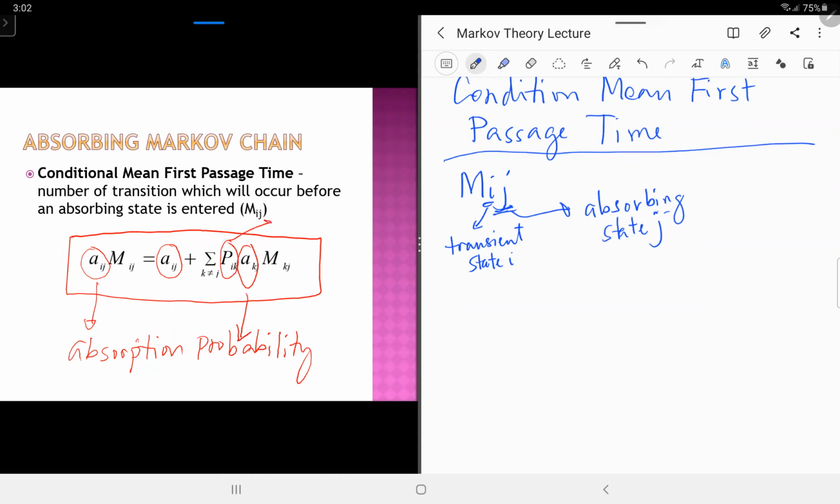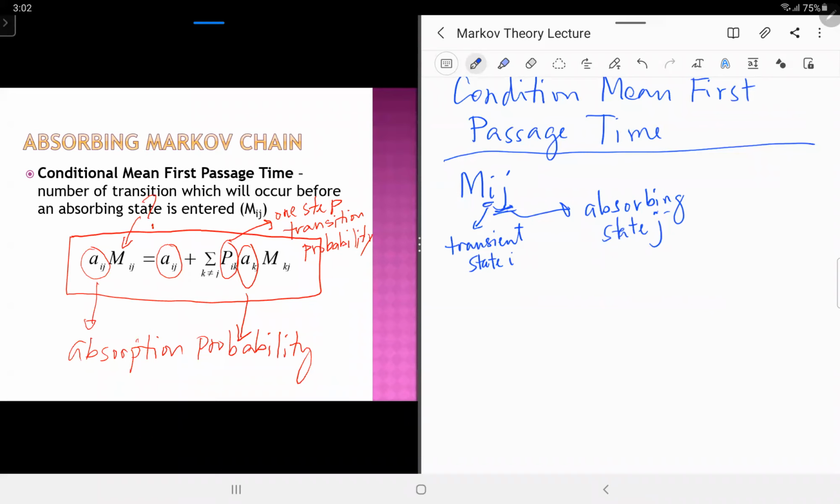This one is your transition matrix, one step transition probability. And then this is what you are going to calculate, MIJ.